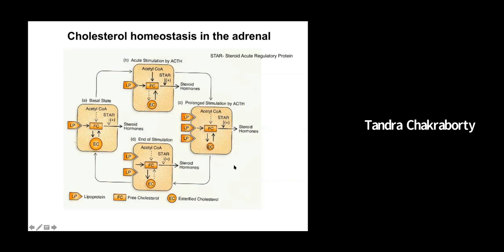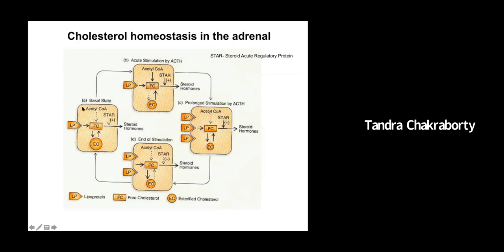When there is more than enough steroid hormones produced, which can be of any kind, cortisol, aldosterone, androgen, any of them, it will produce a negative feedback loop on the hypothalamus, which in turn has a negative feedback on the anterior pituitary, which in turn will have a negative feedback on the release of ACTH. As such, the entire process will slow down or stop.